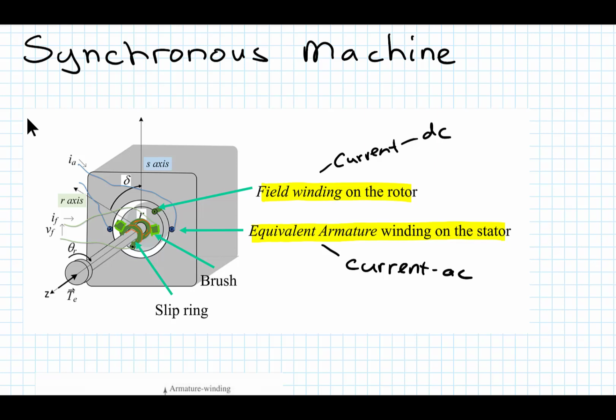So the current goes in through the brush and onto one of these slip rings here, which connects to the coil that's on the rotor. The coil on the rotor comes out through the slip ring into this brush here, and it returns to some DC source of current. So that's really what the structure of the synchronous machine is.